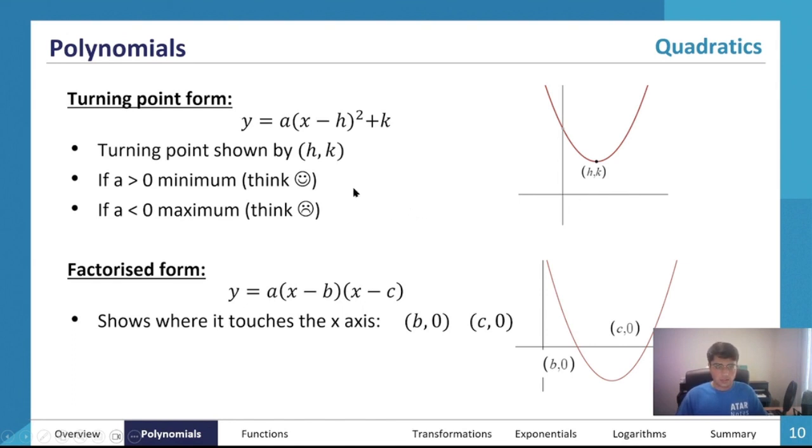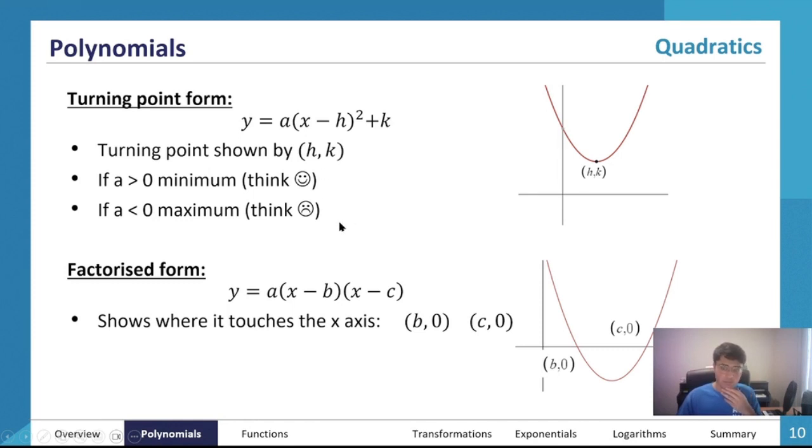And it says here that if a is greater than 0, then it's going to be an upright parabola, like a smiley face. But if a is less than 0, then it's going to be an inverted parabola, so it's going to go down like this, like a sad face. We'll look a little bit more into that when we look at transformations, but generally with quadratics, those are just some key things you want to watch out for. It makes it easier for you to visualize how the parabola is going to look.